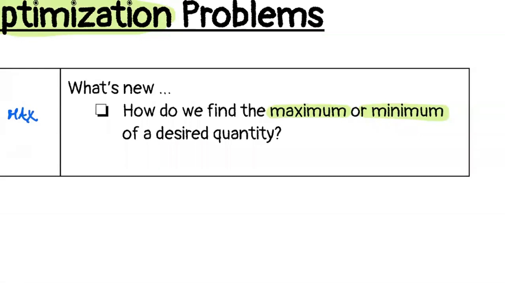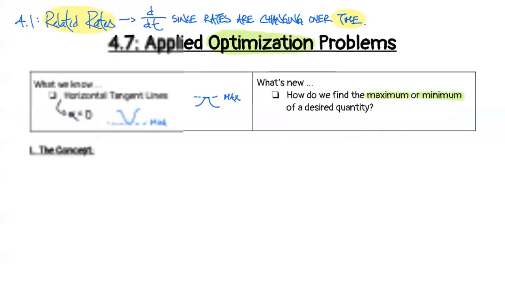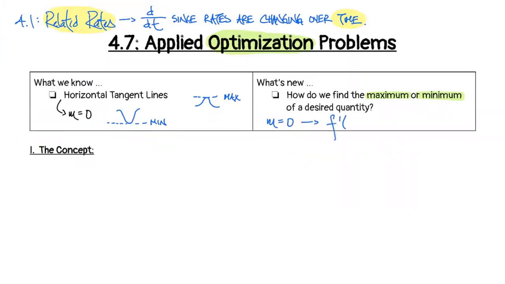And so when we say, how do we find the maximum or minimum of a desired quantity, what we really want to say is, when is the slope equal to 0? Another way to say that would be, when is the derivative equal to 0?